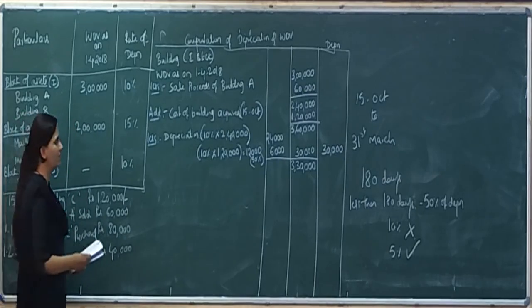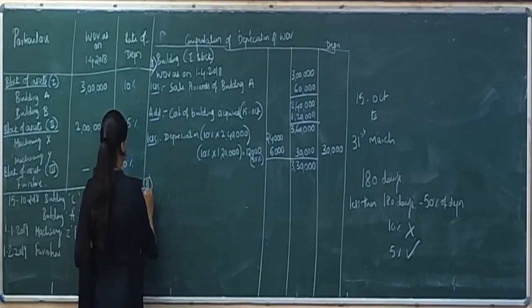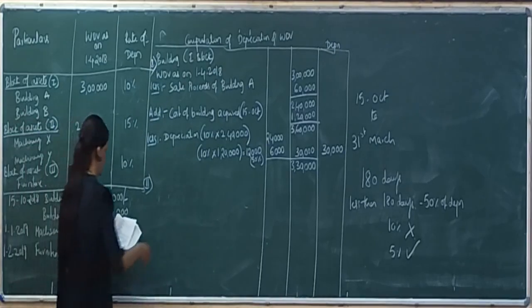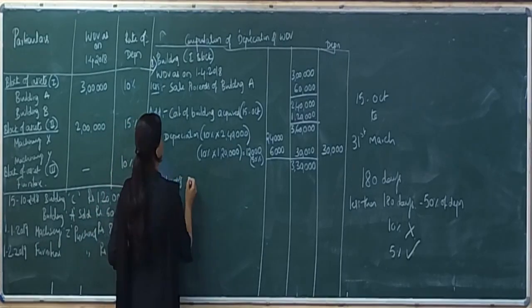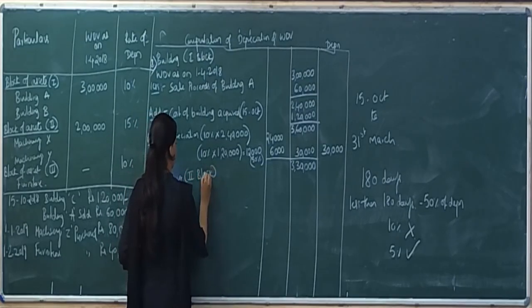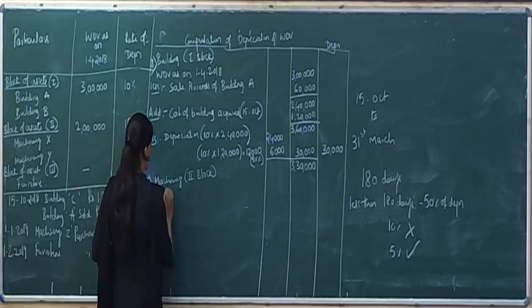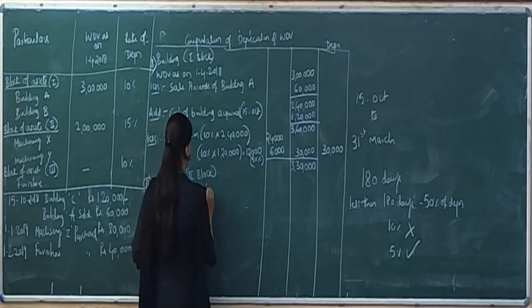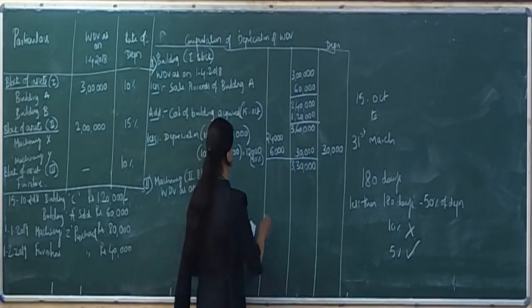Okay, so now the same way we will take up the next block, the second one. The second block of asset is machinery X and Y. Machinery, second block, we will take it up, written down value as on 1st April 2018, that is 2 lakhs.